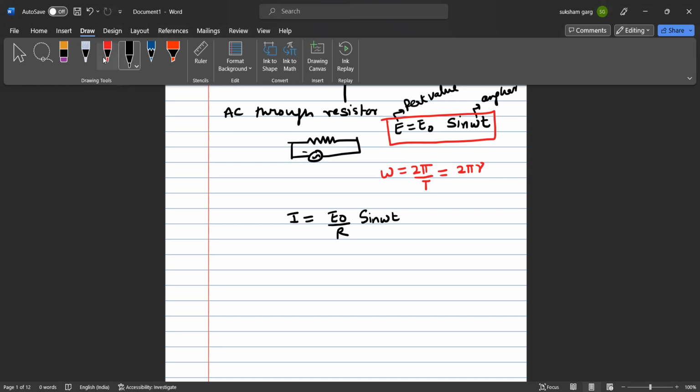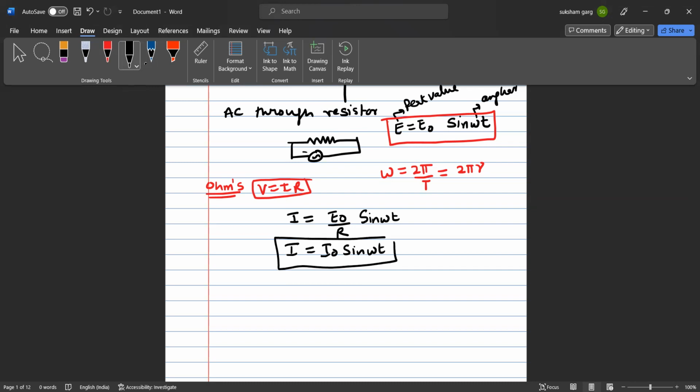So here we are using a kind of Ohm's law. In Ohm's law, we were using the symbol V equal to I into R. But in this case, we will use the symbol EMF, E instead of V, but the sense is almost the same only. And we can write I is equal to I naught sine omega t.